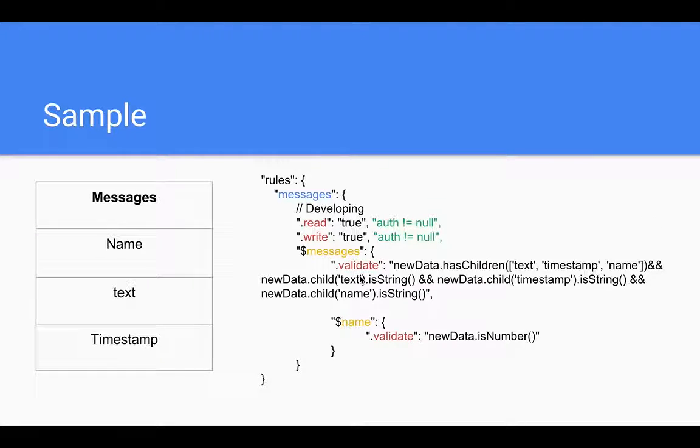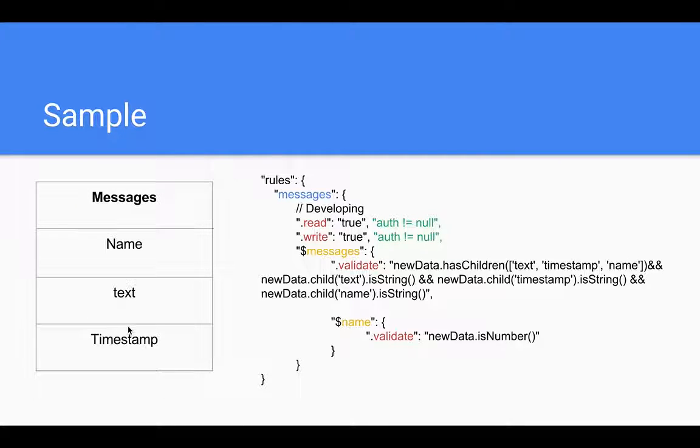I'm telling my rules that the messages, which follow the path that I set up on the client side, need to contain 3 children, and the names of those children are text, timestamp, and name, which goes according to the keys inside the messages. It's a little bit confusing.